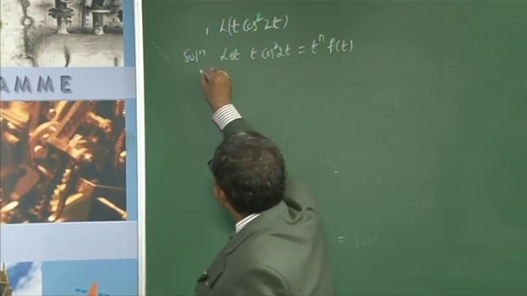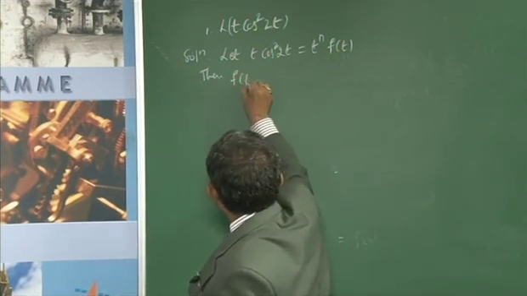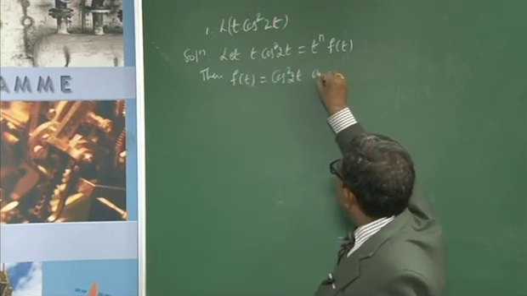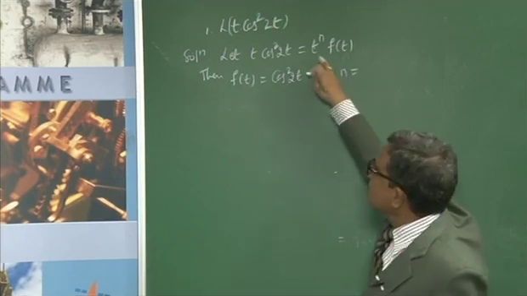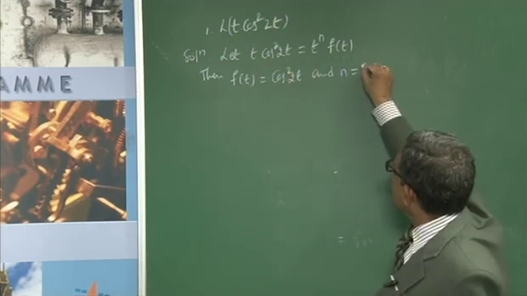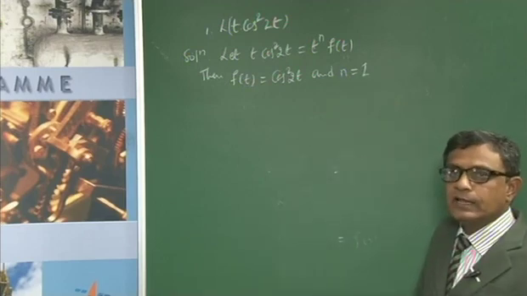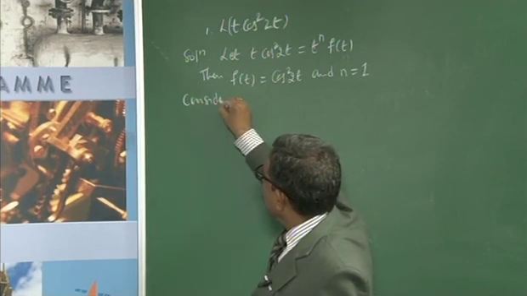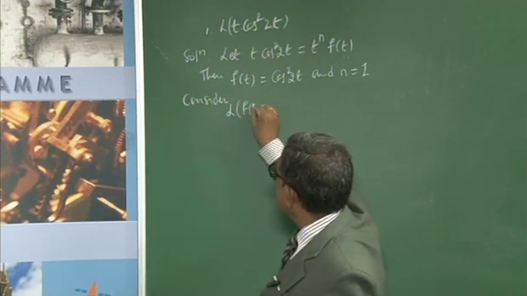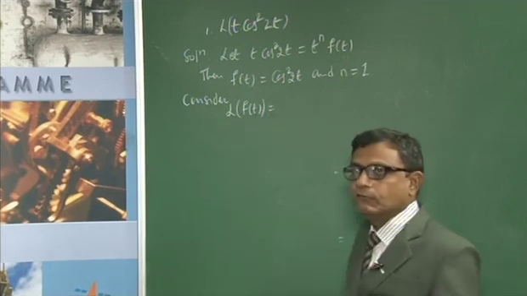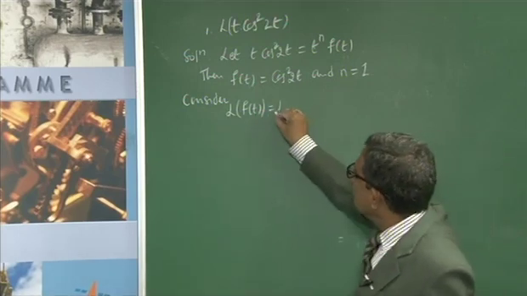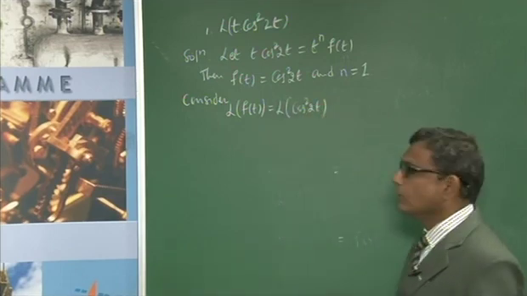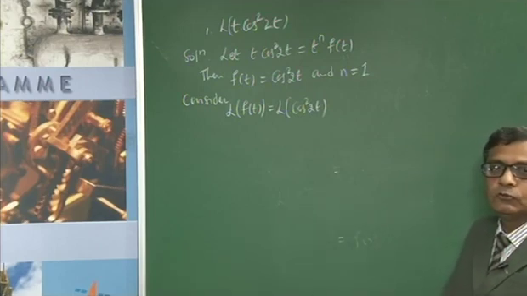Then, what is your function f of t? f of t is cos square 2t, and what is your n here? t raised to n, n is 1. For the function f of t, you have to find the Laplace transform L of f of t. Again, it is L of cos square 2t only. What is L of cos square 2t?